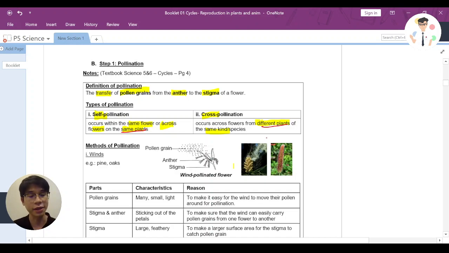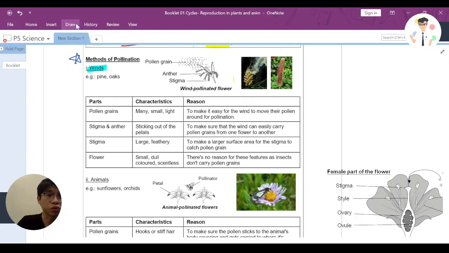Okay, and when it comes to the methods of pollination, this is very important. You understand that there are two ways of pollination. The first one is wind. Let me just quickly highlight here, wind. And the second way, as you can see from your notes, is animals.